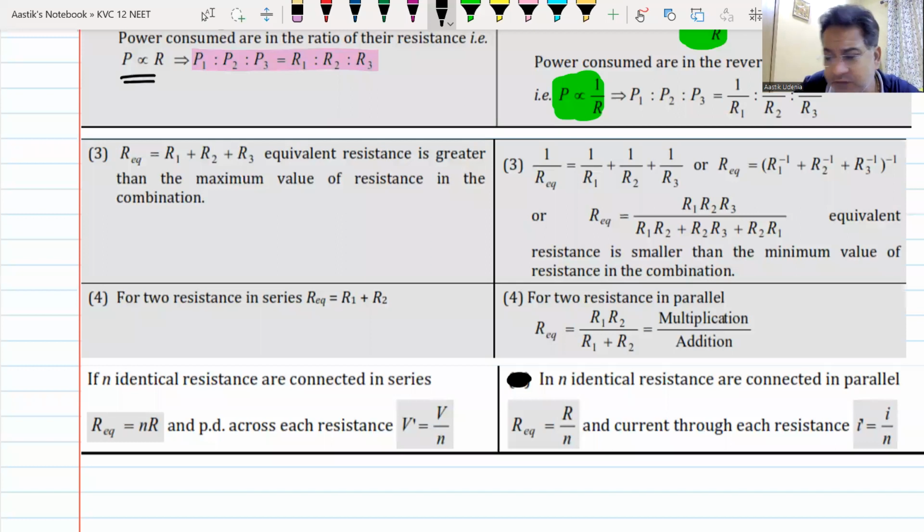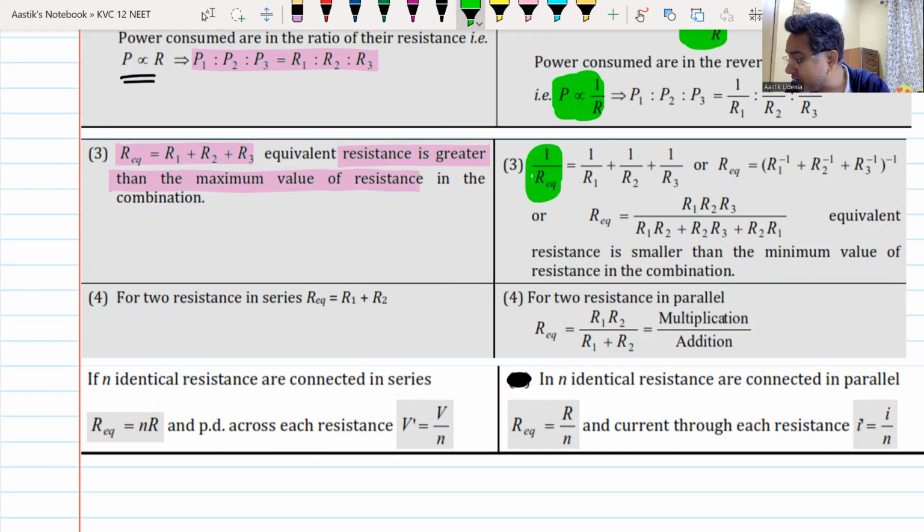Then we move on to the next point. We already know how to find the equivalent resistance in case of series. It's R1 plus R2 plus R3 and so on. Remember, this equivalent resistance is greater than the maximum value of resistance, so it is always higher than the highest value. On the right hand side, 1 by R equivalent is 1 by R1 plus 1 by R2 plus 1 by R3.